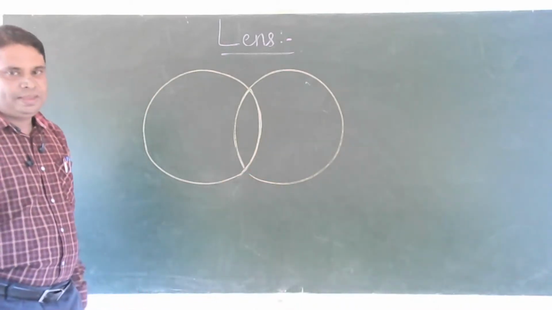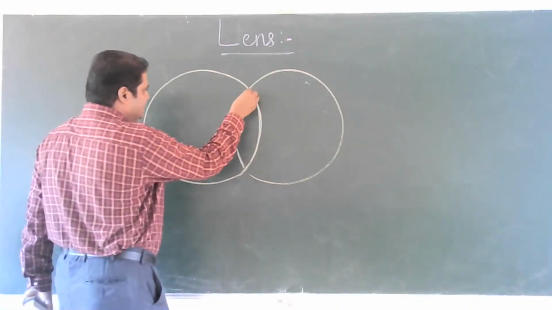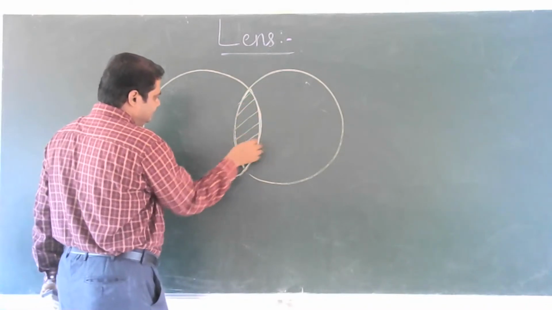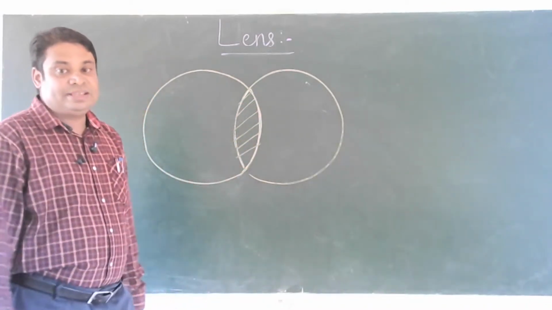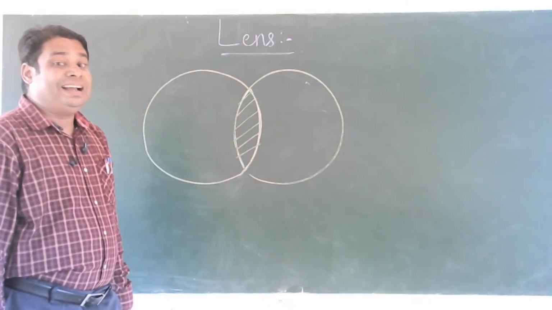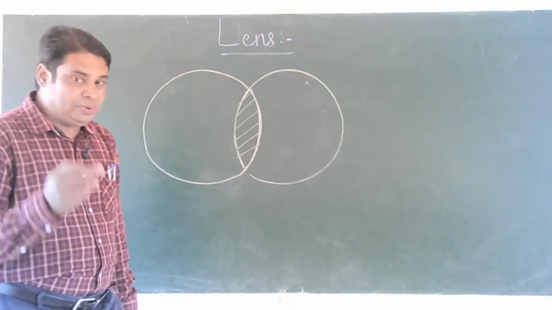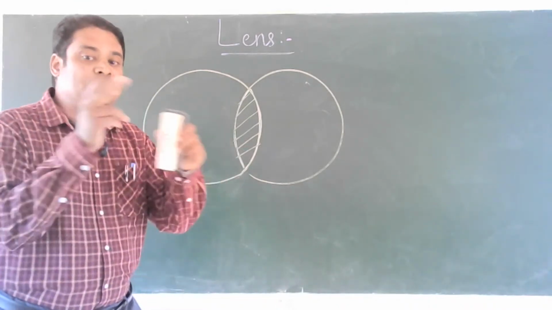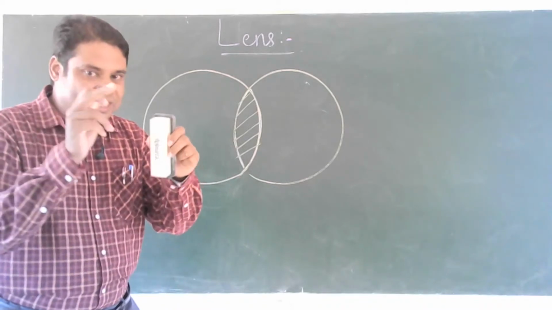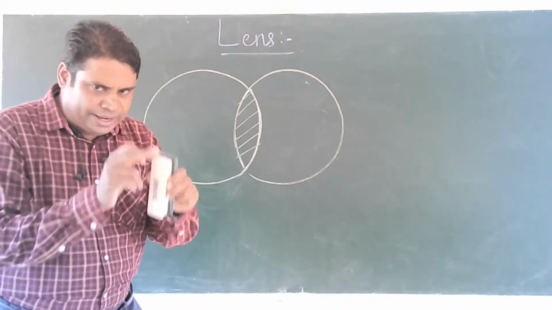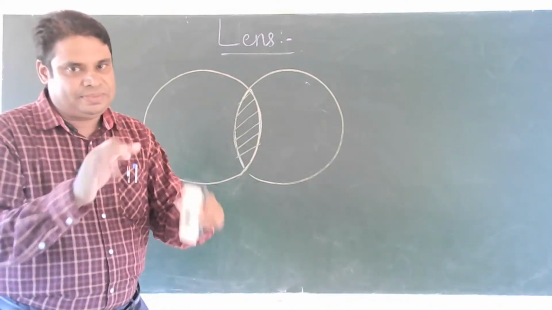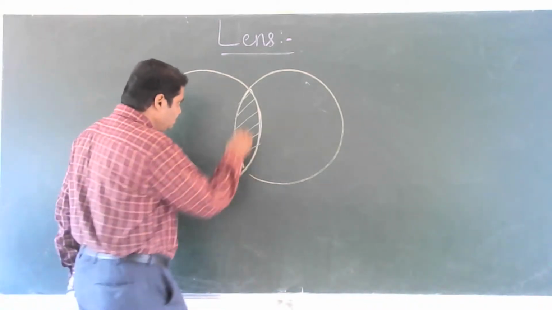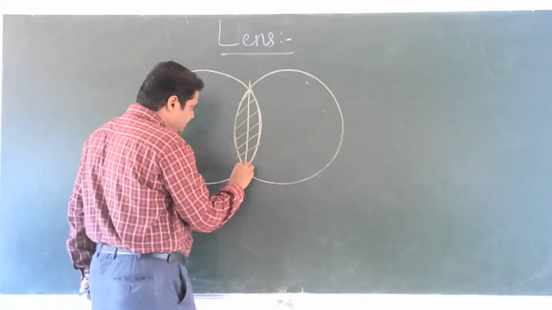See, this is the lens, correct? We can imagine this lens as formed due to intersection of two spheres. Then I will draw a line.